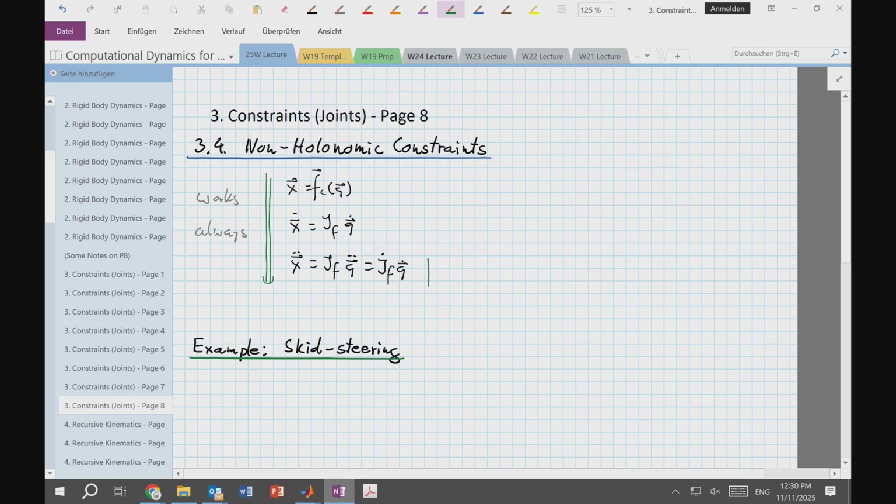Why do I say that? Because going the other way, especially the step from velocity to position, does not work all the time. It only works for holonomic constraints.